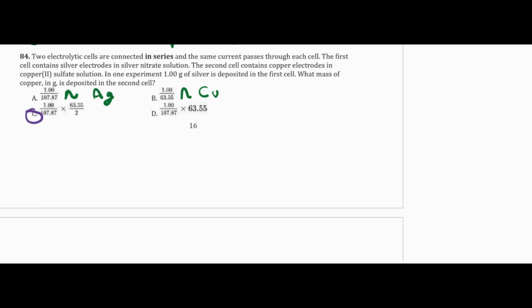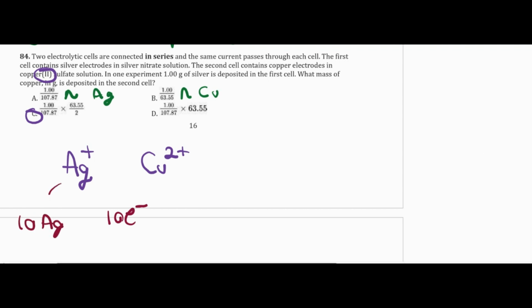Why is that? Well, if you think about the charge of the ions, we have silver plus 1 and copper 2 plus. Why is it 2 plus? Well, we're told here that it's copper 2 sulfate. So if we were to pass, say, 10 electrons through this circuit, how many silver atoms would we get?